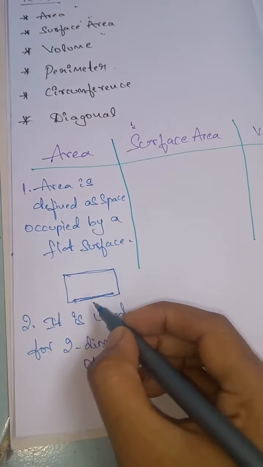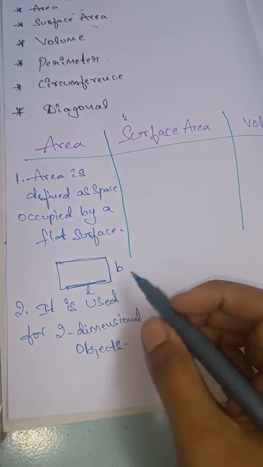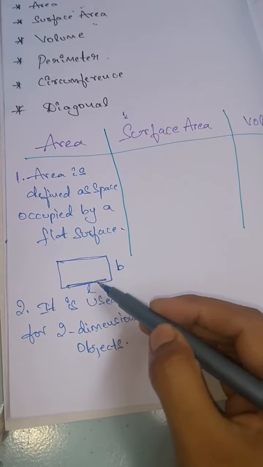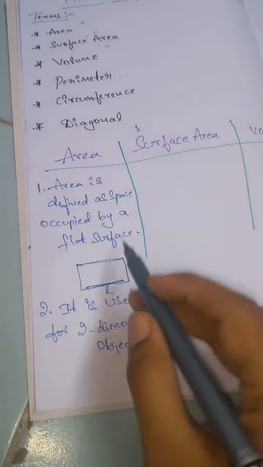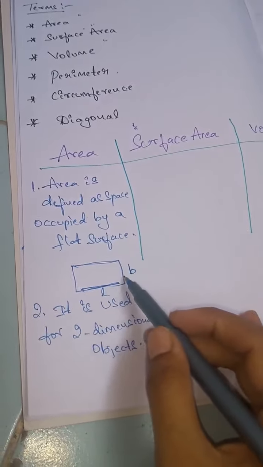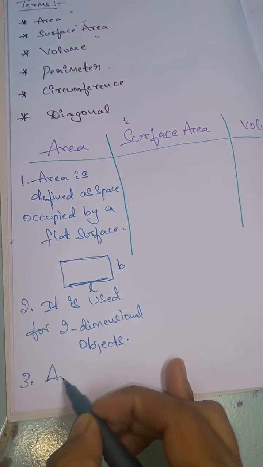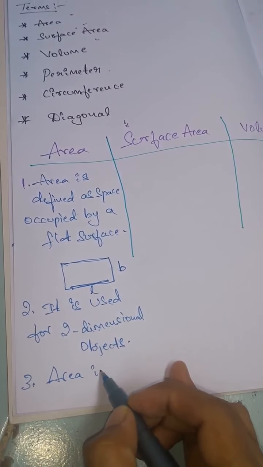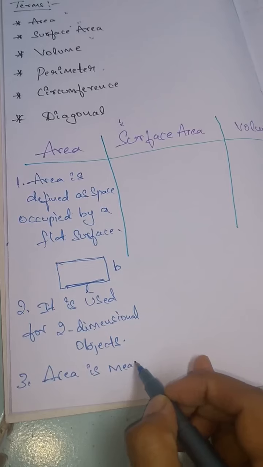Here it has the length. This is the breadth. It has only two dimensions. So we call this object a two-dimensional object. Area is measured in square units.